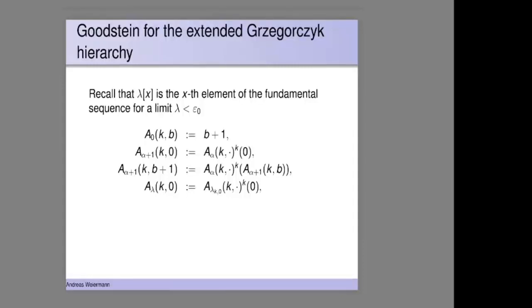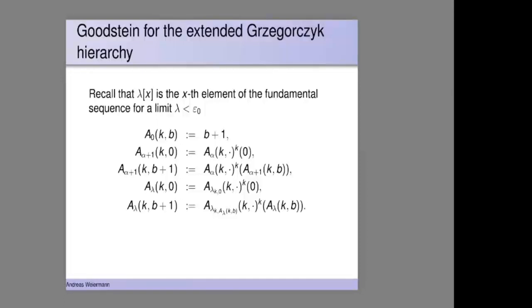And then I use a specific number, lambda k0, which is smaller than lambda. And I apply the a function k times. I consider the k's iterate of the a function applied to 0. I will explain in a minute what lambda k0 is. And a lambda kb plus 1 is defined similarly. I jump down from lambda to a smaller ordinal. I iterate that function k times and apply it to a lambda kb.